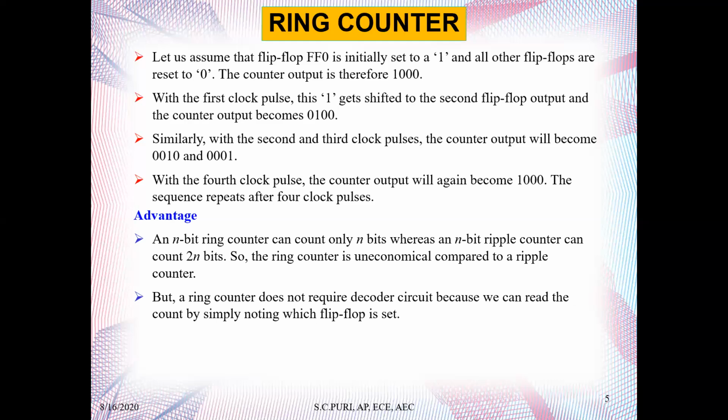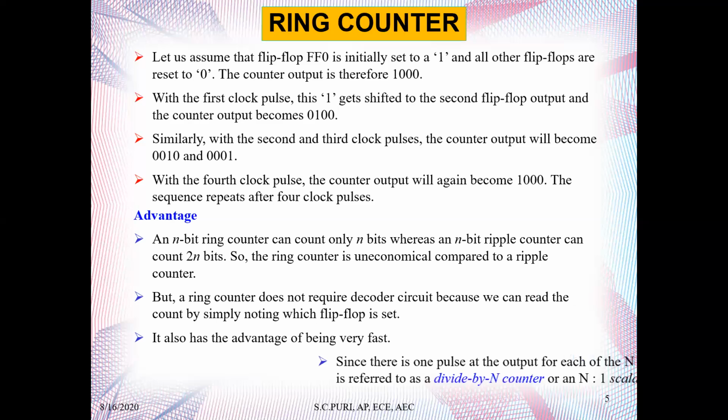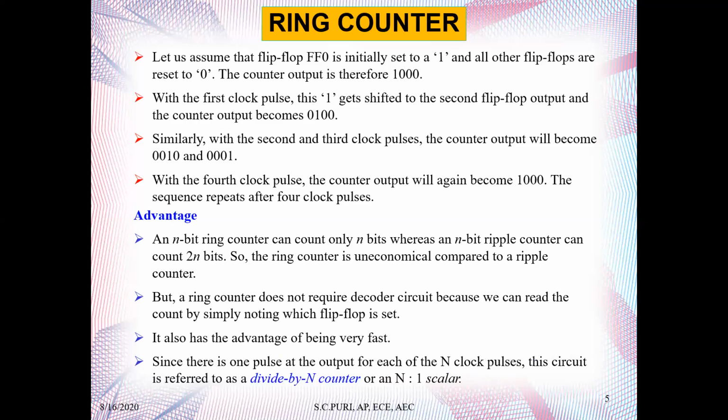That's the catch. It also has the advantage of being very fast. Since there is one pulse at the output for each n clock pulses, this circuit is referred to as a divide by n counter, or n is to 1 scaler.